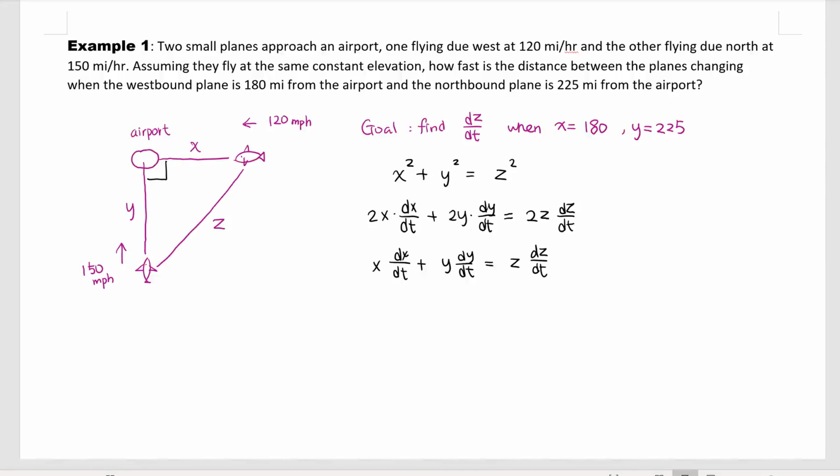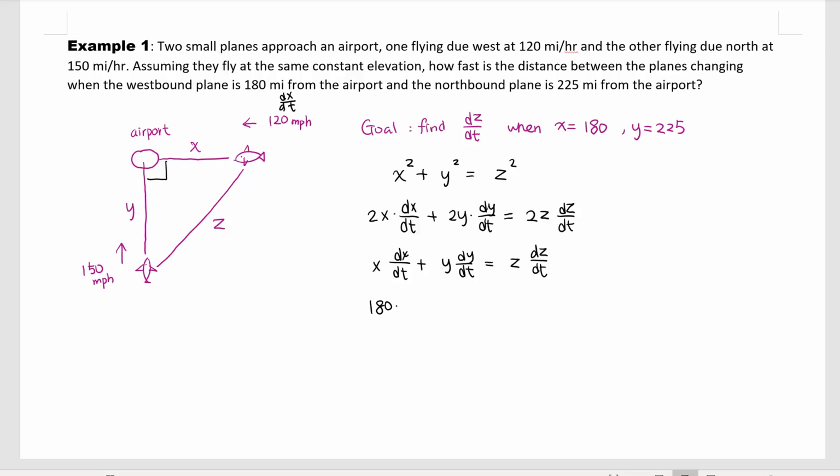So x is 180. What is dx/dt? Well, dx/dt is the rate of change of x. So that is actually 120. Oops, my equal sign doesn't look good.